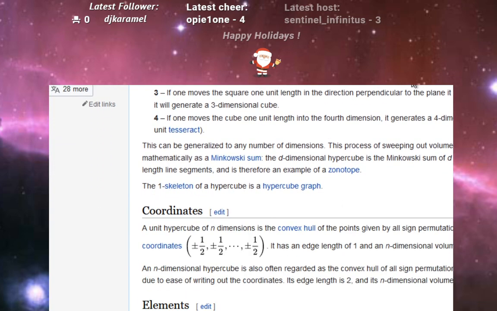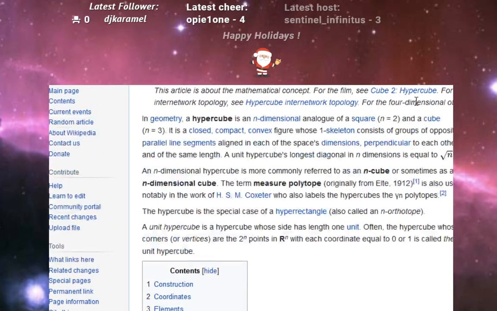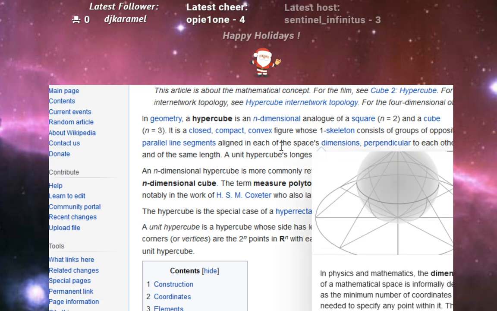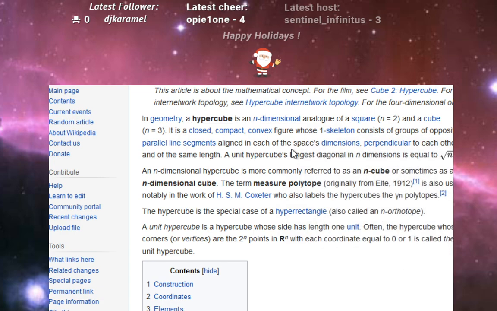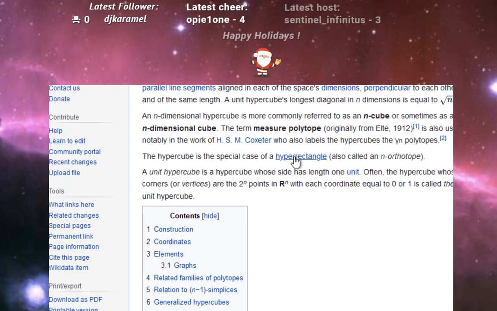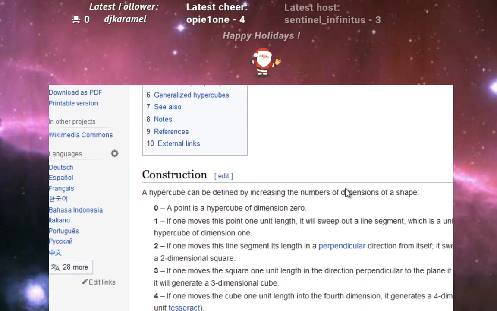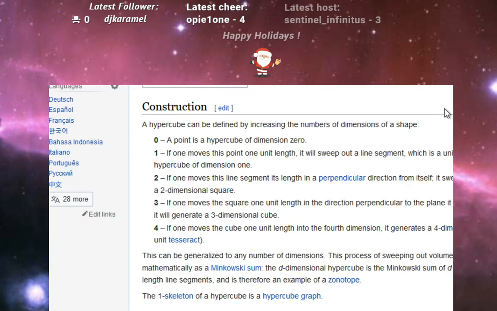An animation showing how to create a tesseract from a point. An n-dimensional analog of a square and a cube. My bird's like, uh-huh.